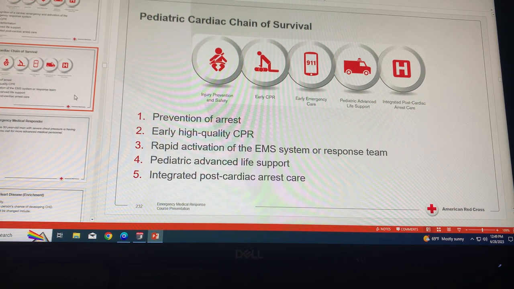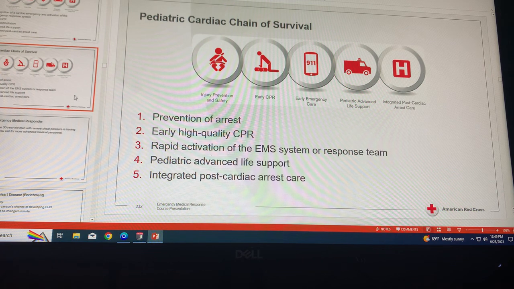Okay, now we have the pediatric cardiac chain of survival. So the prevention of arrest. Prevention is always key. We'd rather prevent something from happening than having to deal with it in its worst state. Early high quality CPR. Here we go again, early.